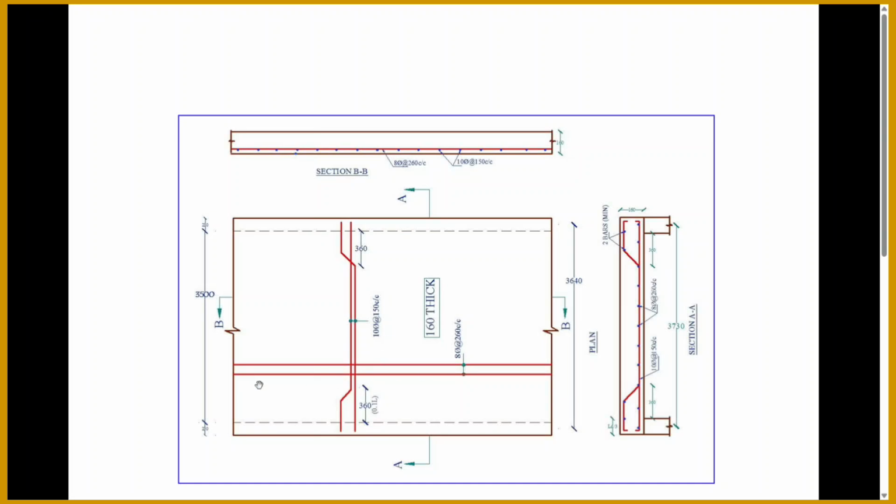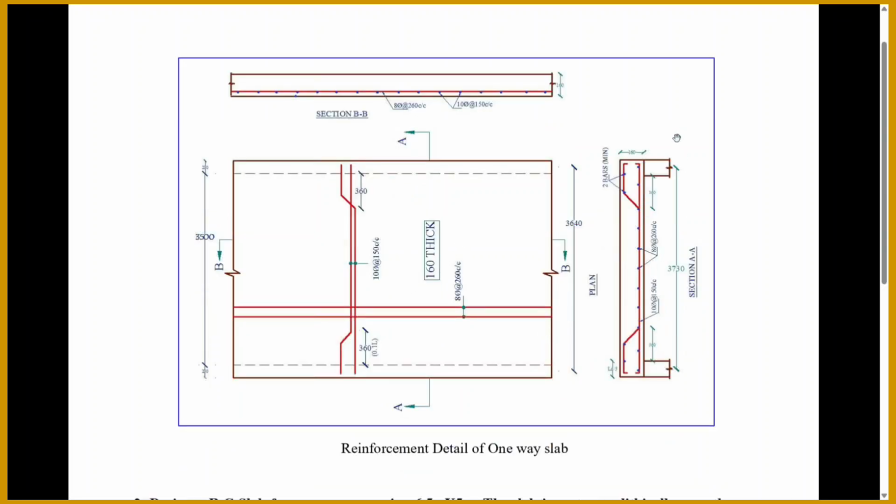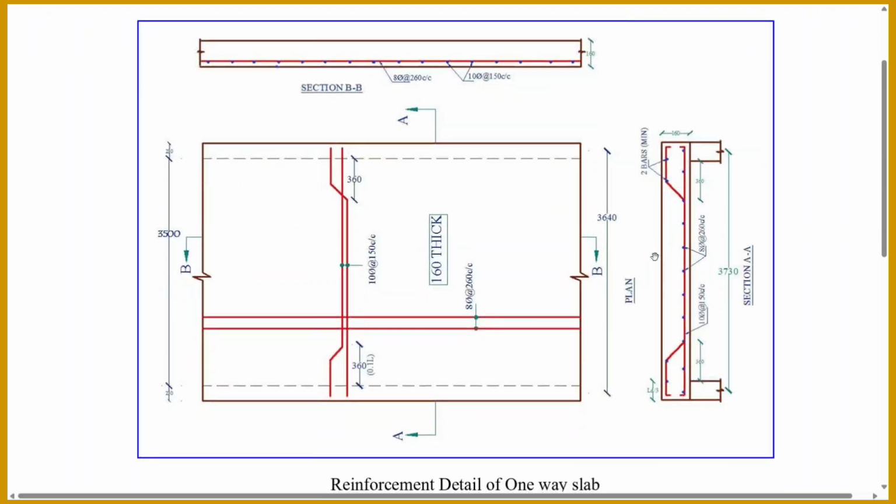Also you will see this is the distribution bar. Also the thickness is mentioned in this particular slab. This is the section A. If you cut this section, our main bar is shown in this, and the distribution bar is also dotted, as you can see in the figure. Our main bar is placed below, and the distribution bar is on the upper side.